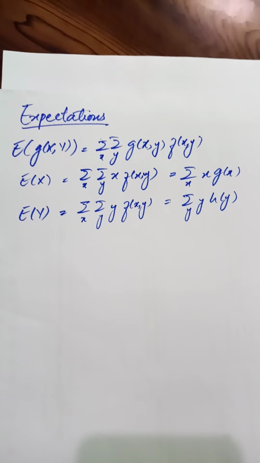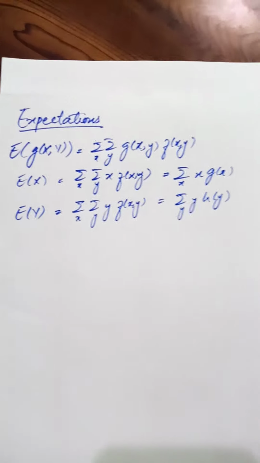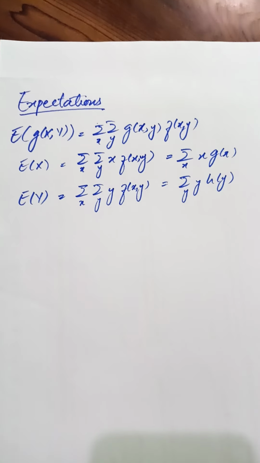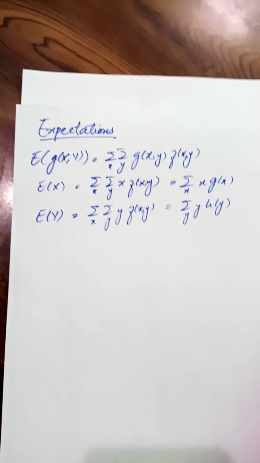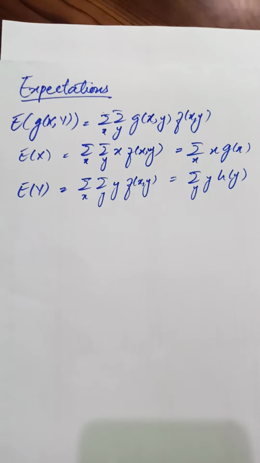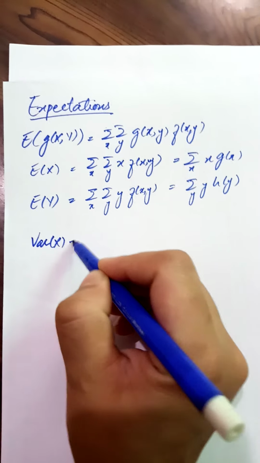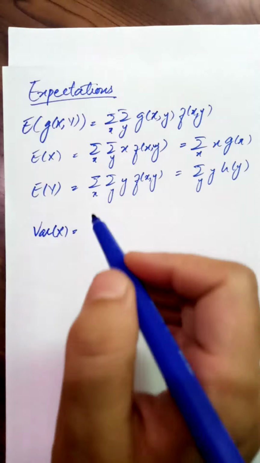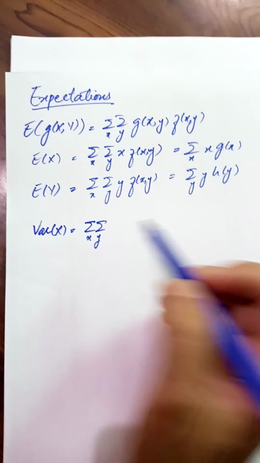We have discussed these rules of expectation for the joint distributions of x and y. Now we can also calculate the variances from the joint density. If we want to compute the variance of x from the joint density, we will simply write double summation over x, y.